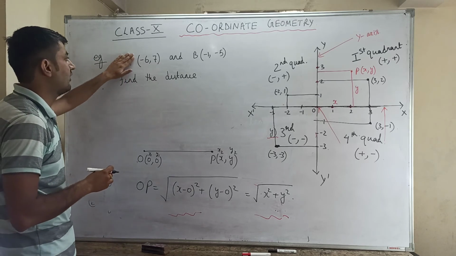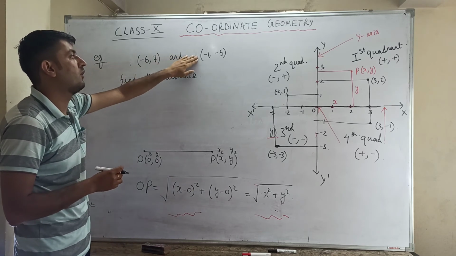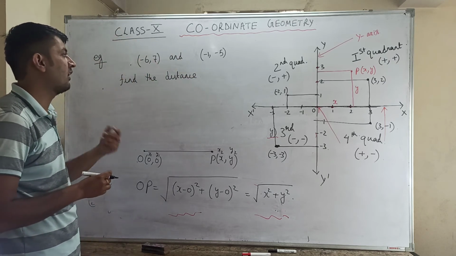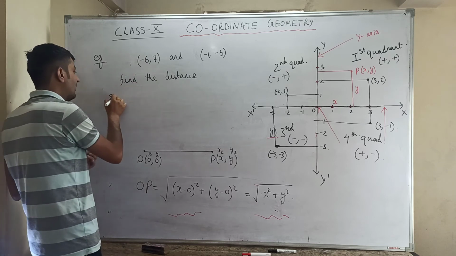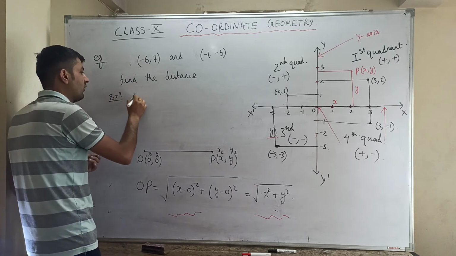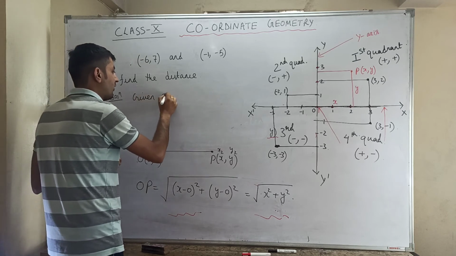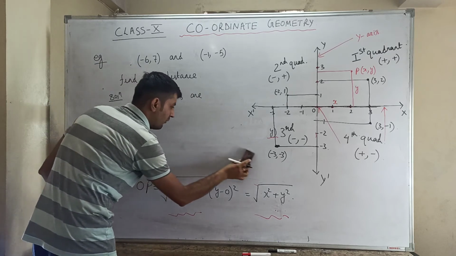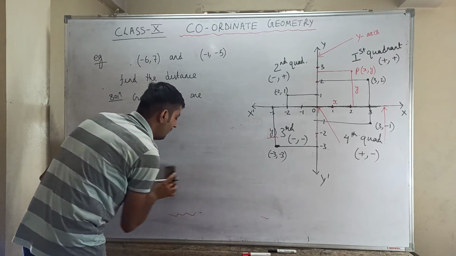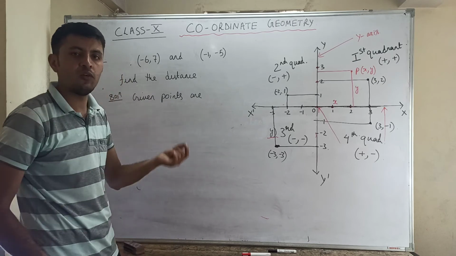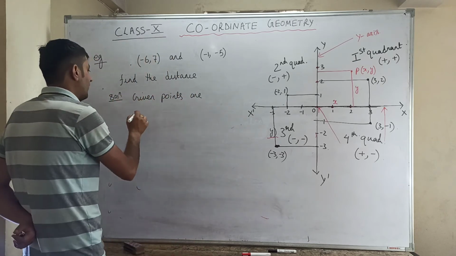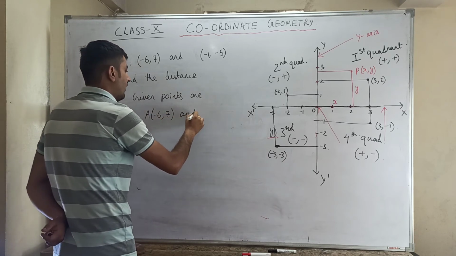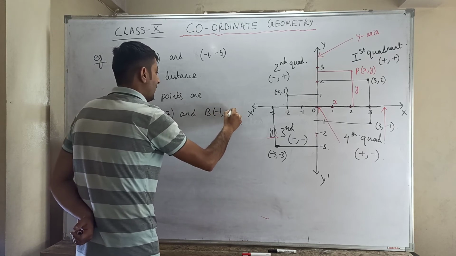They will just give you the coordinates, just the values. In that case, you can name them this way: given points. Your given points, you can name as A and B. It should be a capital letter. Whenever you name a coordinate, it must be a capital letter. Suppose it is A minus 6, 7, and your second coordinate is B minus 1, minus 5.